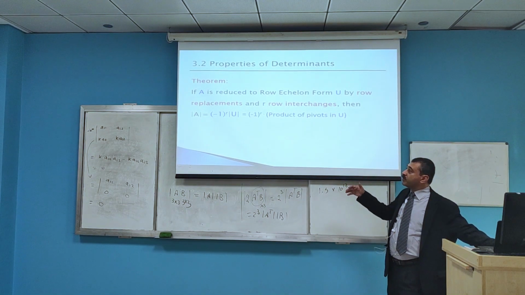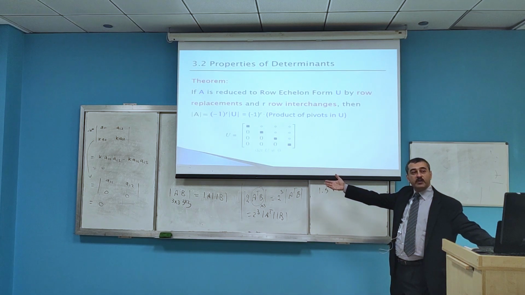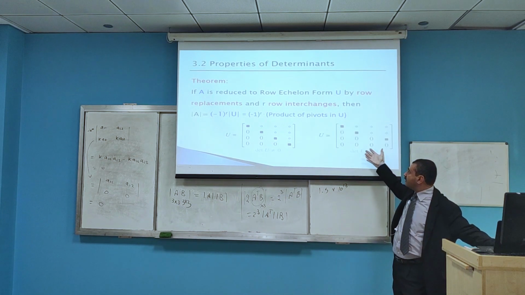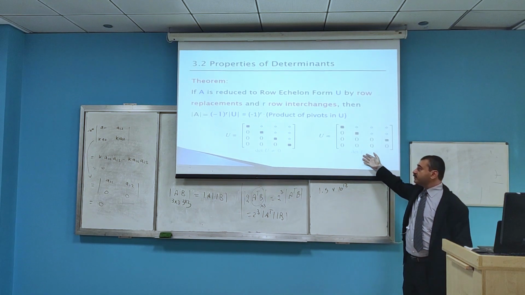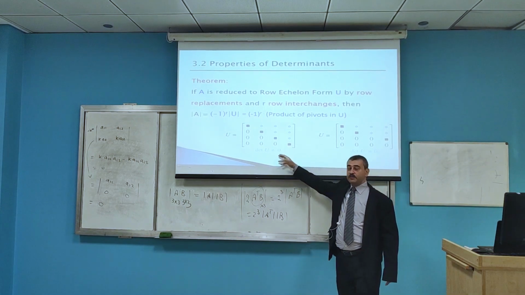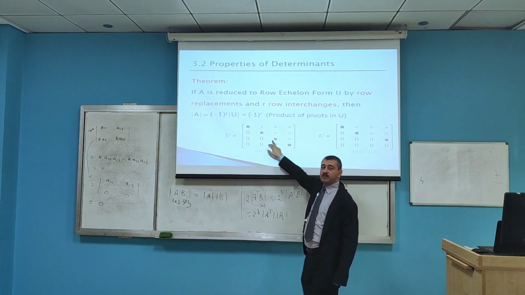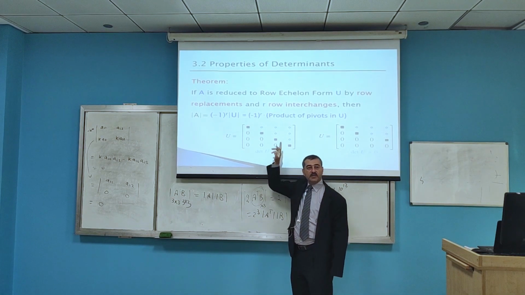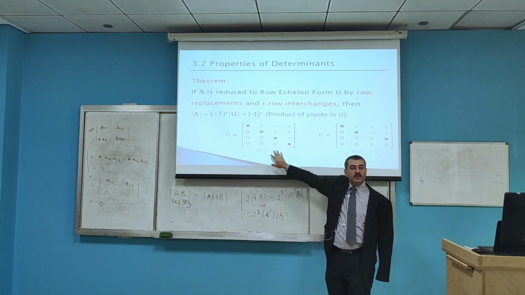According to the problem, you can get an echelon form with all your pivots or not, according to the numbers you have in your matrix A. So you can get something like this or something like this, for example. If you get all your pivots, then the determinant of U is not 0, similarly the determinant of A is not 0, and you have a unique solution.